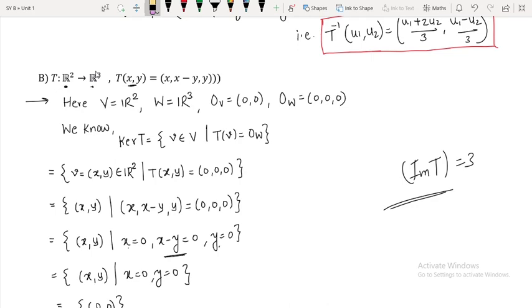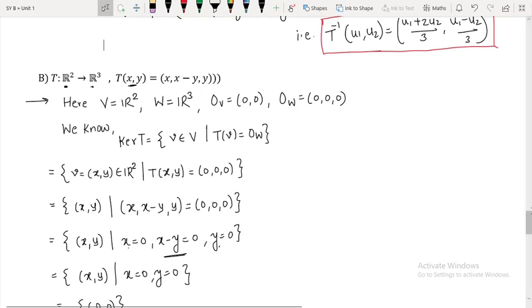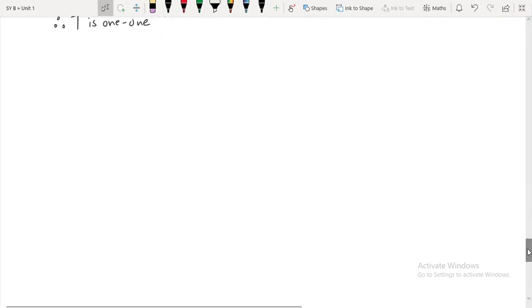Okay, let us do it then. So we already have the kernel and we already have V. Our V is R2. So I will just write here, by rank nullity theorem what do we have?